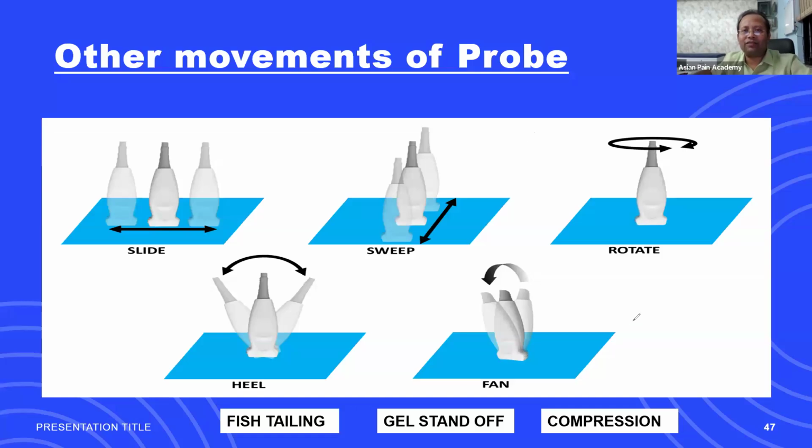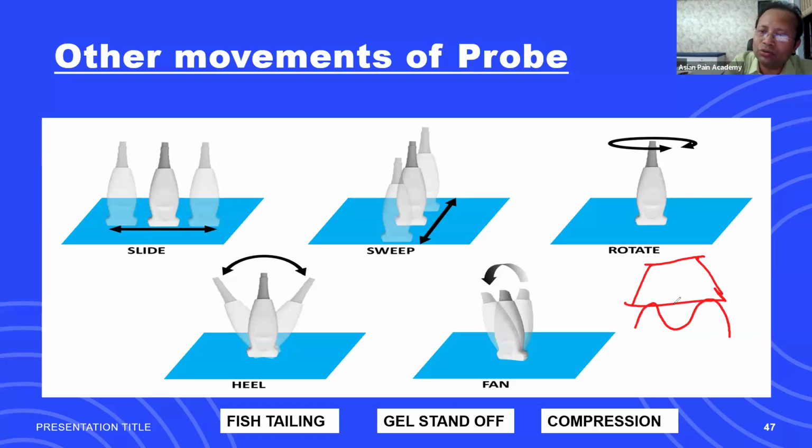Okay, gel standoff. Why does it happen? This is my probe, this is the skin, but below it the bone part is like that. So whatever you do, this part of the probe will not touch the skin.